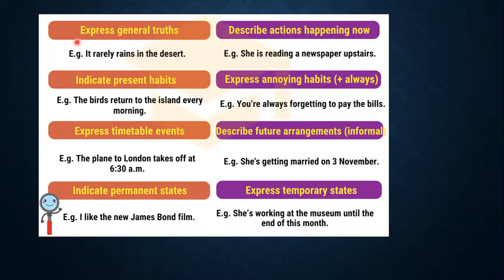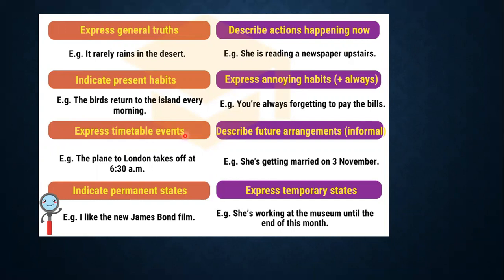We have in the example, indicate present habits, indica presente, hábitos presentes. The birds return to the island every morning. Todos los pájaros vuelven a la isla cada mañana. Es un hábito. ¿Verdad? Also, we can mention here the chronogram, schedule, daily routines, regular actions, habits.